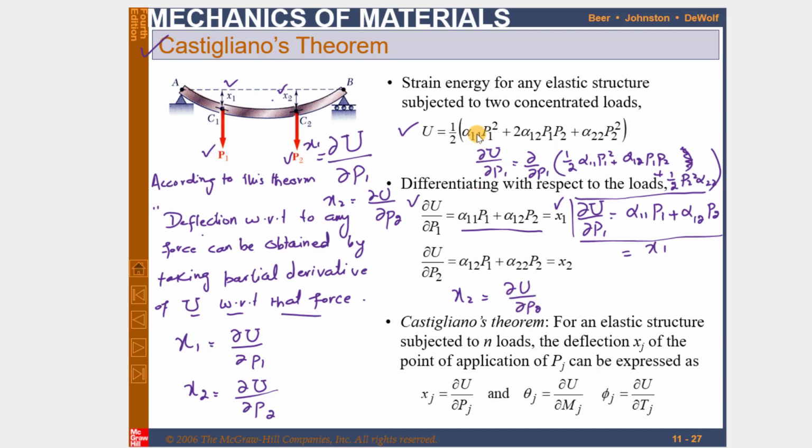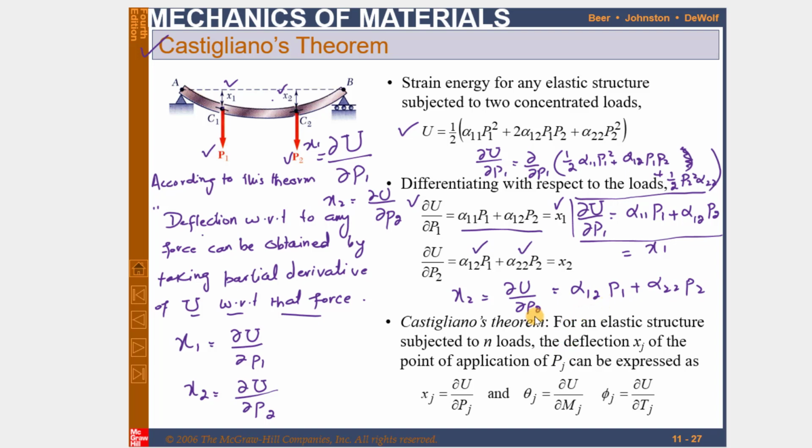Again, if you take the partial derivative of this strain energy with respect to P2, this term will be 0. Here it will be A12 into P1, and this will be A22 into P2, so A12 P1 plus A22 P2.